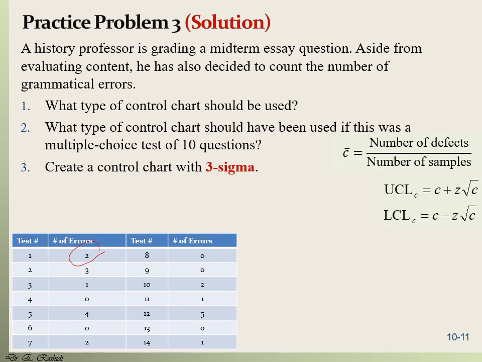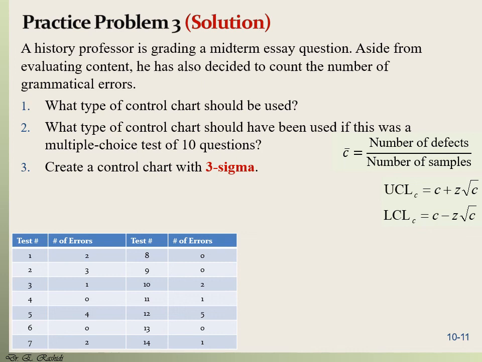Unlike this scenario, if this was a multiple choice question and student 1 has 2 errors, that means that he or she got 2 questions out of 10 wrong, which means 8 correct. So we could count both the erroneous and non-erroneous items. But here we have the number of grammatical errors, so we cannot really count the number of non-grammatical errors. So it's going to be a C chart here.